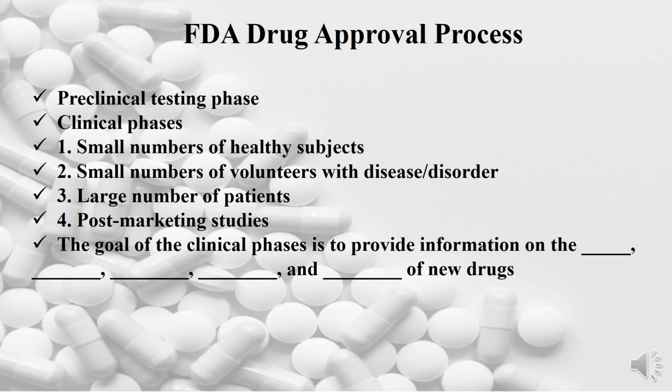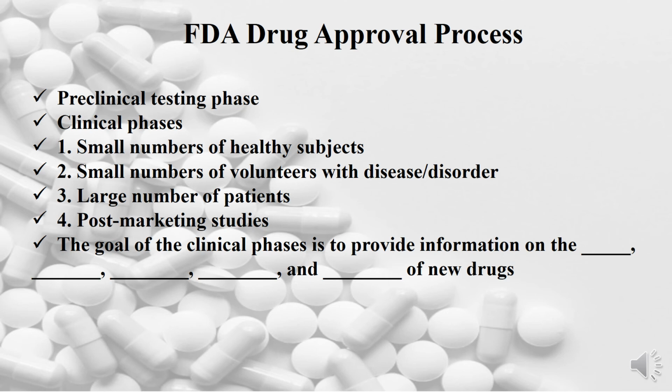Many prospective new drugs are ruled out for human use during this preclinical phase of drug testing. However, a small percentage are referred for further clinical testing in human subjects. So then we enter into the clinical phase of testing. There are 4 clinical phases to testing.